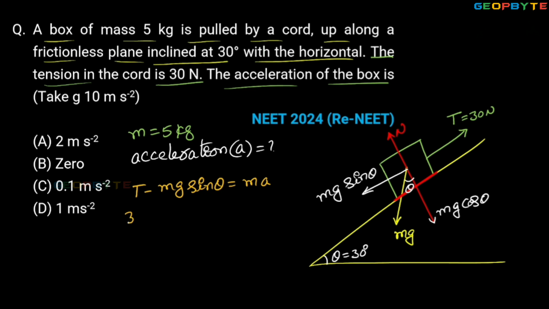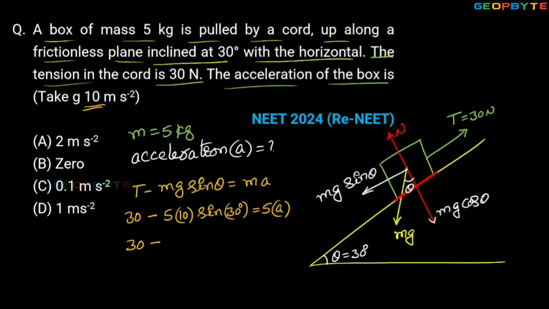Tension is given 30 minus m given 5, g value 10, sin 30, is equal to mass 5 multiplied by acceleration.